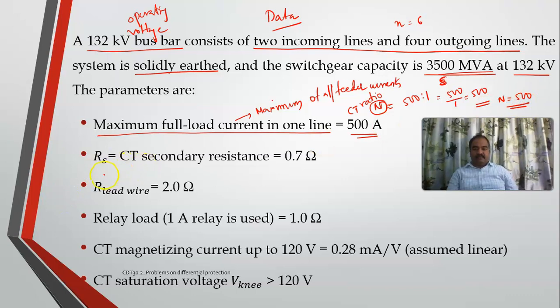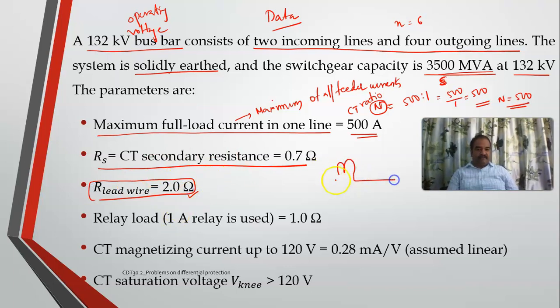The second thing is the CT secondary resistance, which is 0.7 ohms, and the lead wire has a resistance of 2 ohms. Here it is 0.7 and here it is 2, so the total secondary is 2.0 plus 0.7.